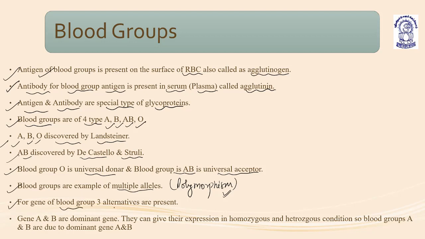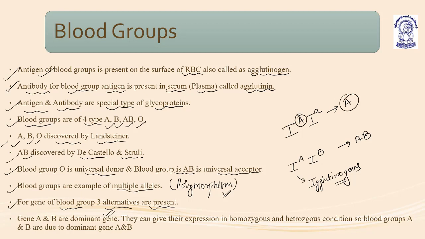For the gene of blood group, three alternatives are present. Genes of A and B are considered dominant alleles, represented as IA and IB, where I represents agglutinogens. IA and IB make the AB blood group. IA IA is also an A blood group, in which capital A is the dominant form and small a is the recessive form.